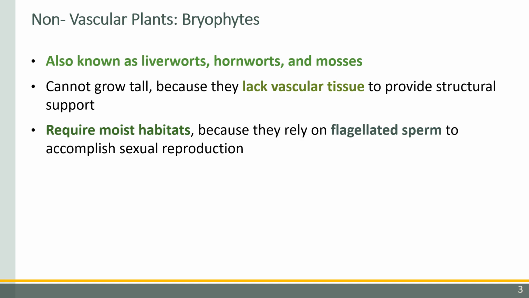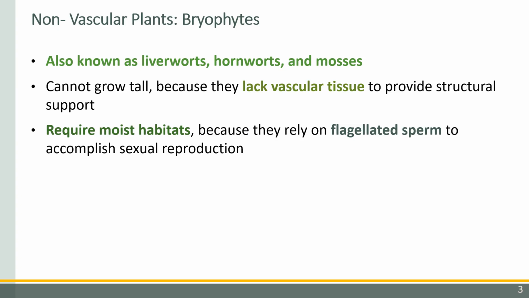Because they rely on diffusion and osmosis, they cannot grow tall. Diffusion and osmosis is a very slow process, and it doesn't work over large areas very well. It doesn't work over long distances. And so since they don't have vascular tissue to move all of those nutrients and water around, they can't grow very tall.